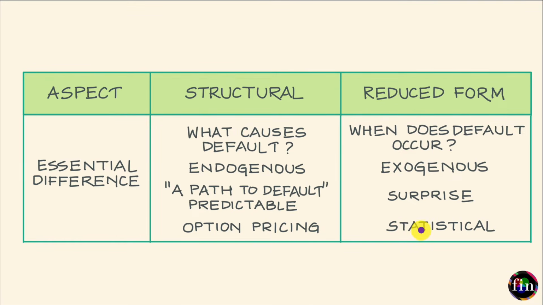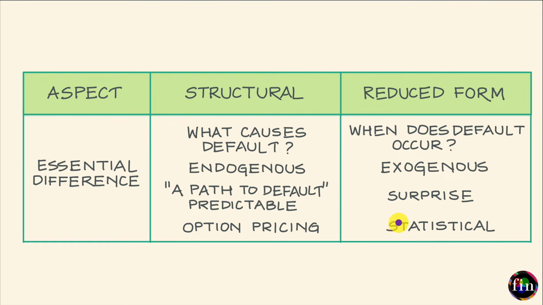When it comes to reduced form models, in a sense, these models are statistical models. We try and observe all the information which is available to us. We try and pick variables that we want to work with, and then we combine these variables and all the information that is available to us in such a way that we maximize the performance of a reduced form model, performance in terms of the ability of the model to predict default.